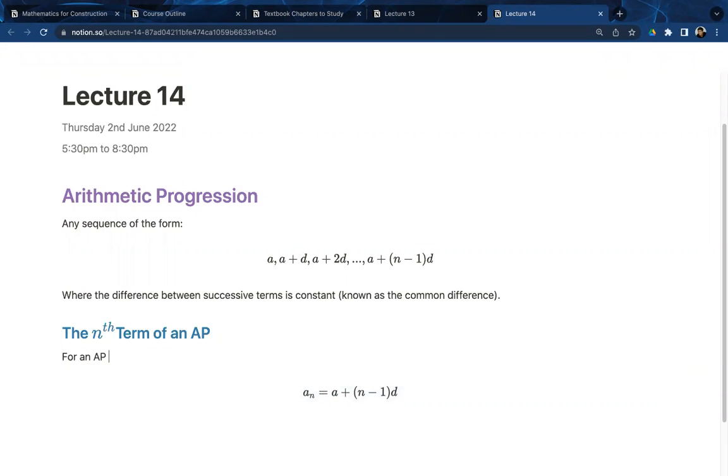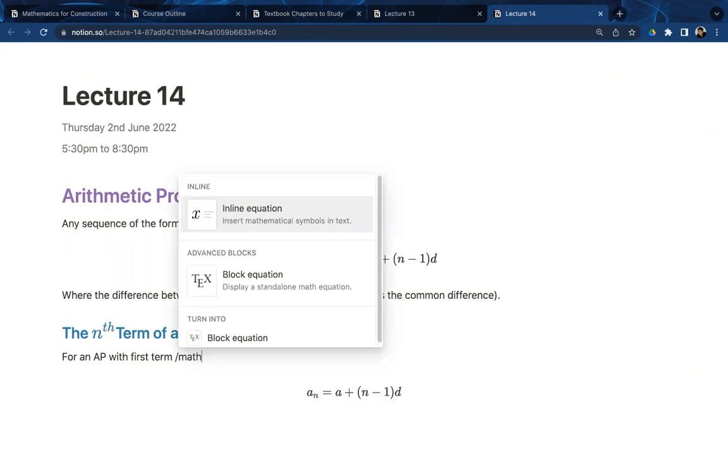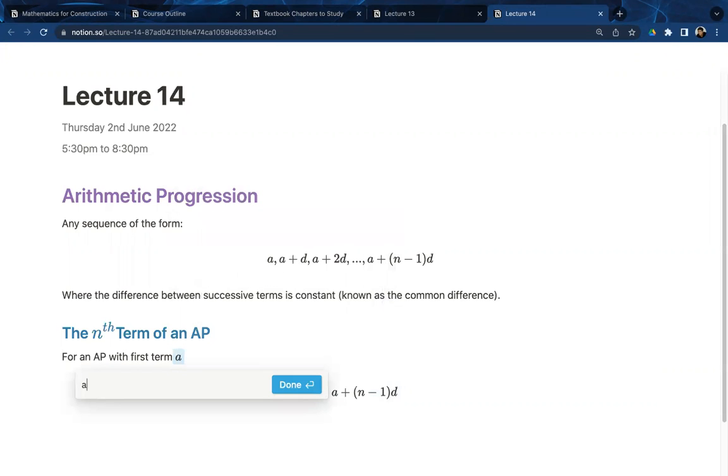So for an AP with first term, and this is a common convention, the first term is a.